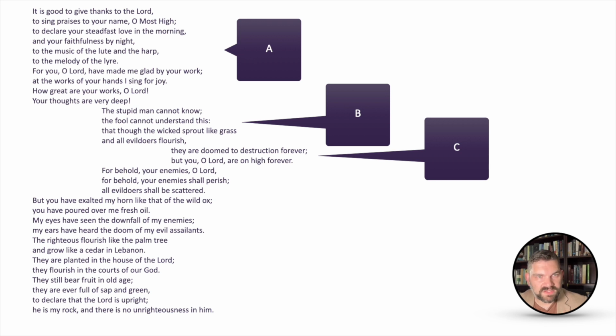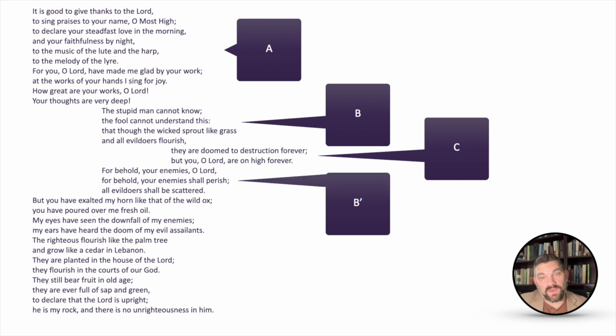But the contrast is they are doomed to destruction forever, but you, O Lord, are on high forever. Meaning Yahweh is not wicked. He reigns forever, and in his just judgment, these fools will not flourish. In the end, justice will be served. So there's this contrast in that C section between these two lines, where the wicked are doomed, but Yahweh reigns.